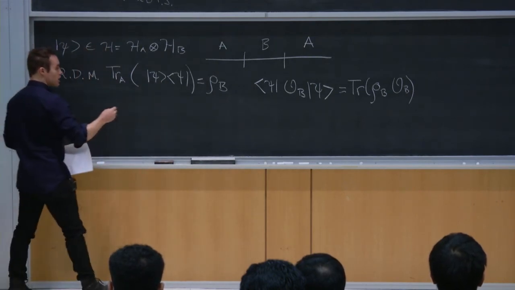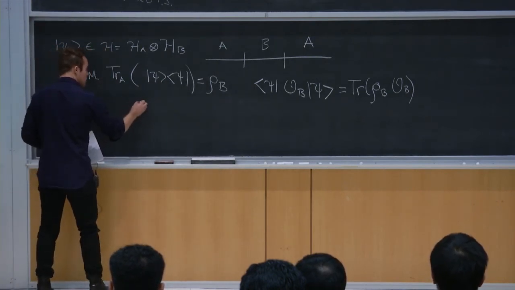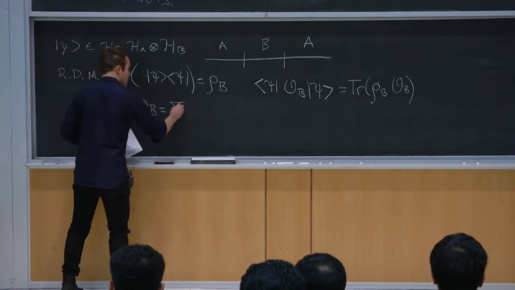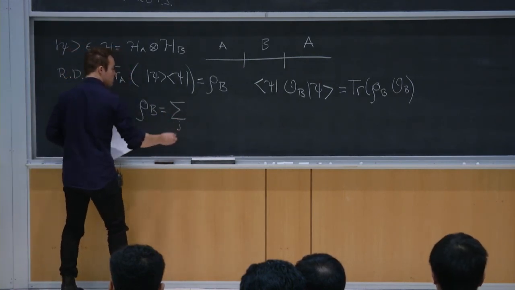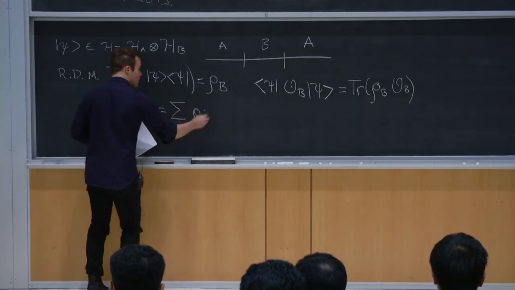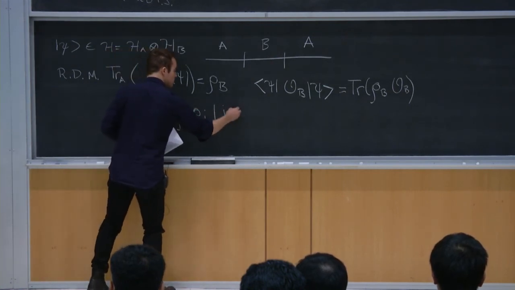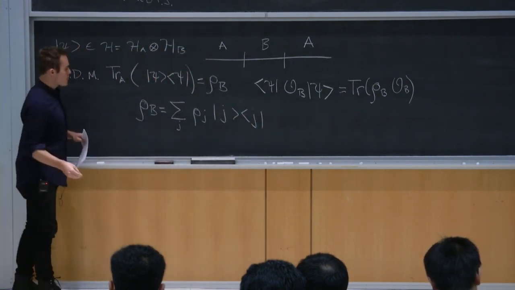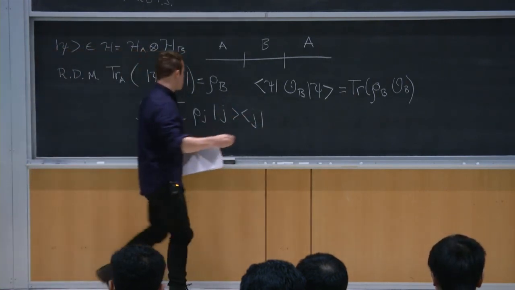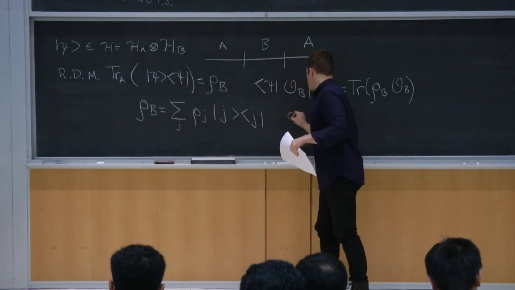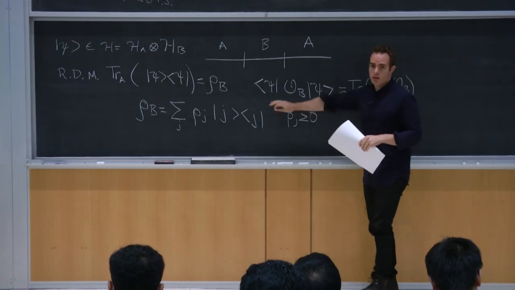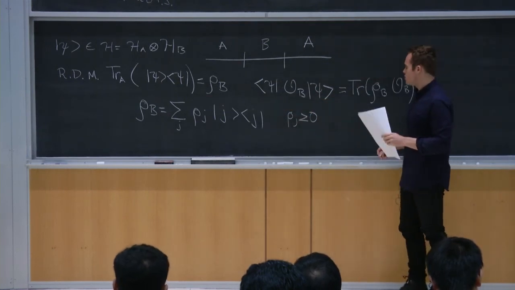So the way to quantify this is I can imagine taking the reduced density matrix and diagonalizing it. So this is a sum over eigenvalues j. Each of these is a positive weight, so call this p_j greater than or equal to 0. They sum up to 1. That's just that the density matrix has trace 1.